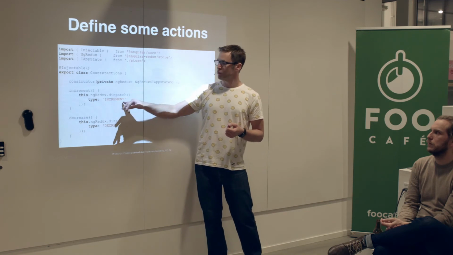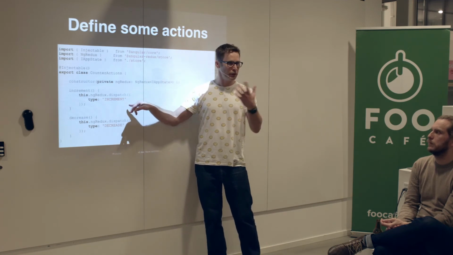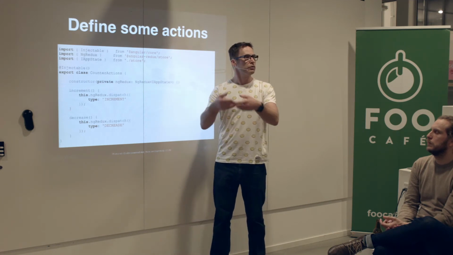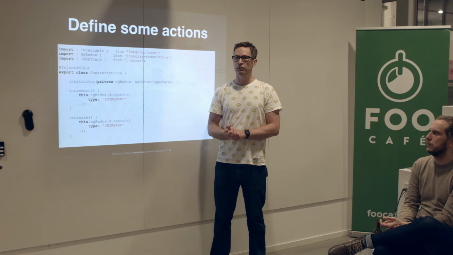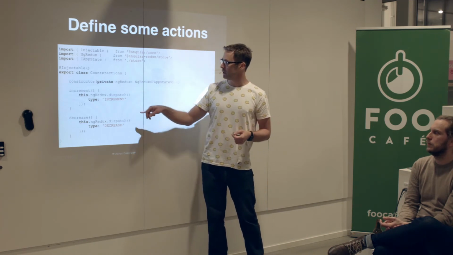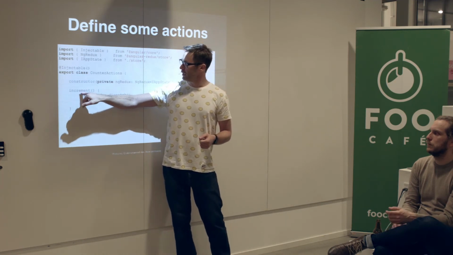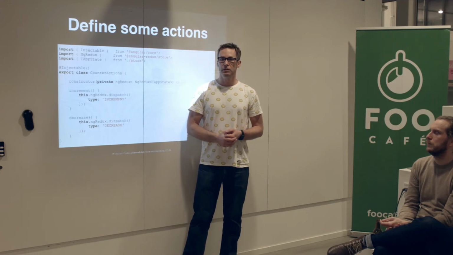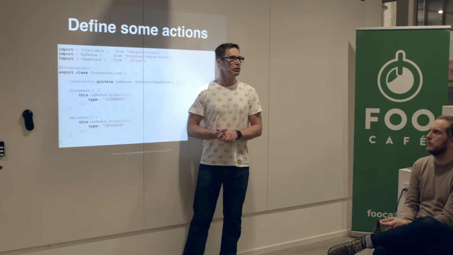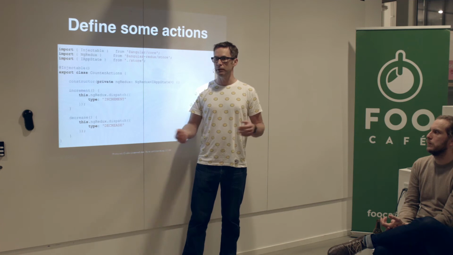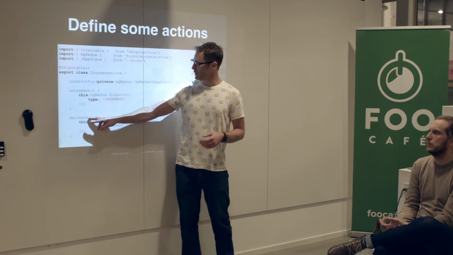Because the action is supposed to send, emit or dispatch the action to the store, so it can send it off to the reducers. So here we inject our store for our application state, and then if the increment action is called, it sends this simple type increment to the store, and then it's up to the store to send it to the reducers, and it's up to the reducers to do something with it. And the same is for decrease.